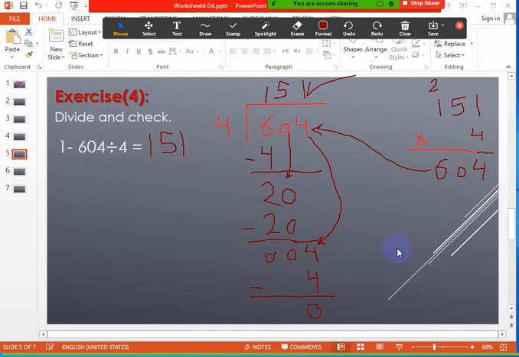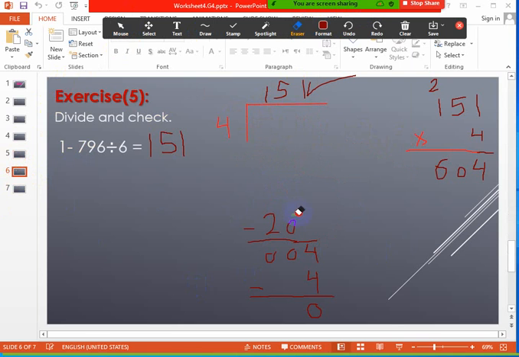Please revise the multiplication table because you have to memorize it very well before you divide, okay? Now, the last exercise, if you finish, I will move to the last exercise, which is 796 divided by 6.